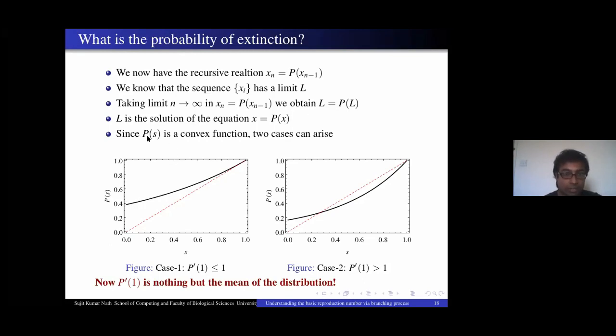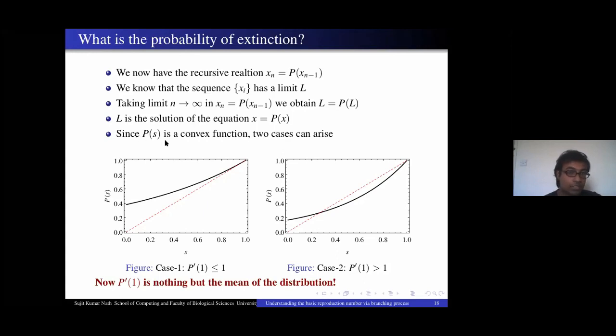Another thing: P(s) will always touch or intersect this straight line at 1, because P(1) is always 1, since that is the sum of probabilities. And this straight line, s equal to x, also takes the value 1 at 1. So they will definitely meet at 1.